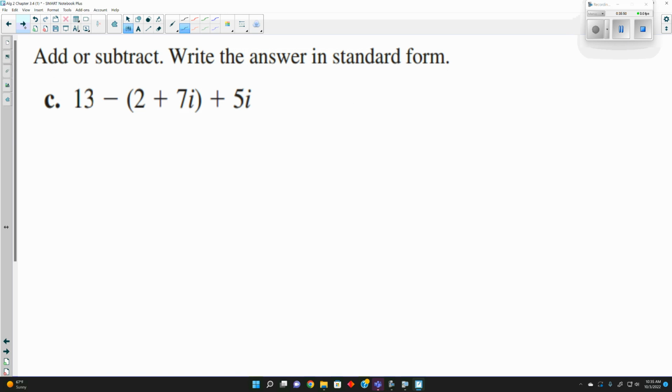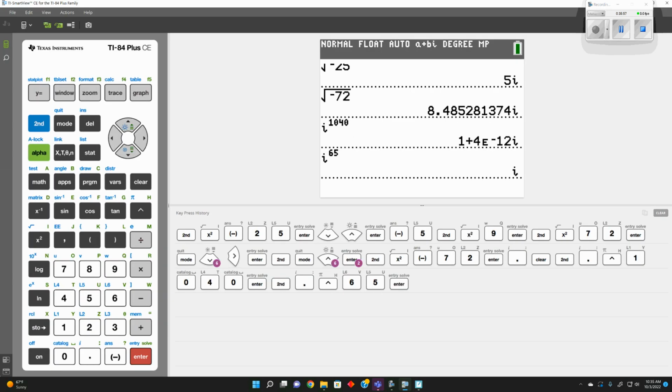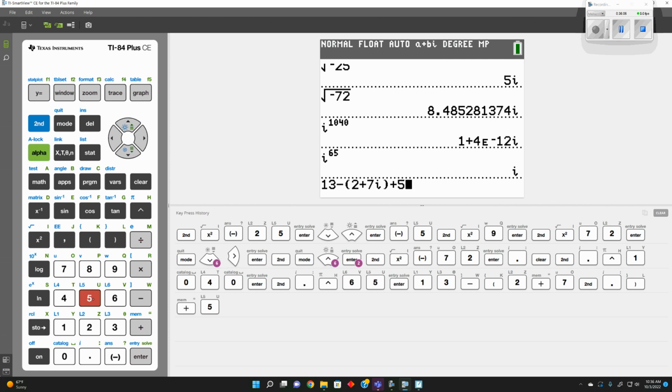So 13 minus 2 plus 7i plus 5, yes? I'm going to try this here. Because I just typed it in exactly as we have it, yes? Okay.